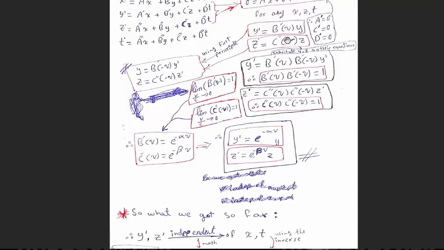By substituting this y by its value here, we get y dash on both sides. This means that this term equals 1. The same for z dash: we get z dash on both sides, so this term must equal 1.